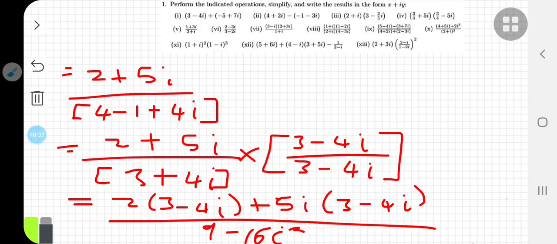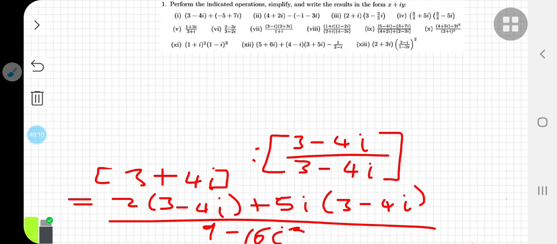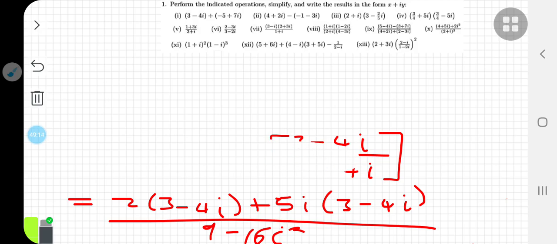So from here, it's just a matter now of simplifying the numerator. So we simplify the numerator. What are we going to have?